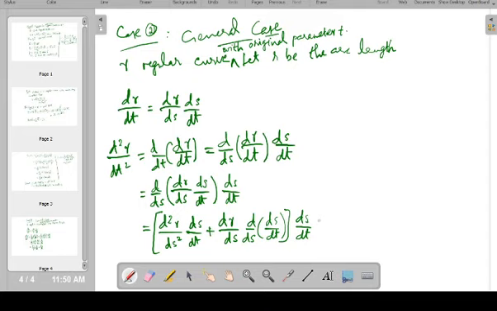So that is equal to d square gamma by ds square into ds by dt the whole square.